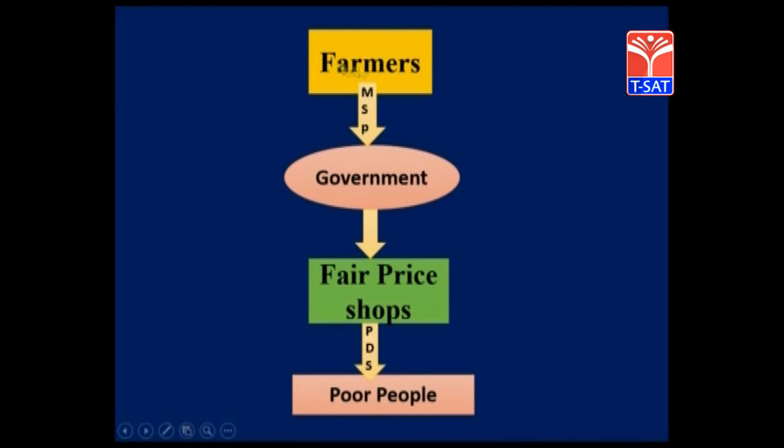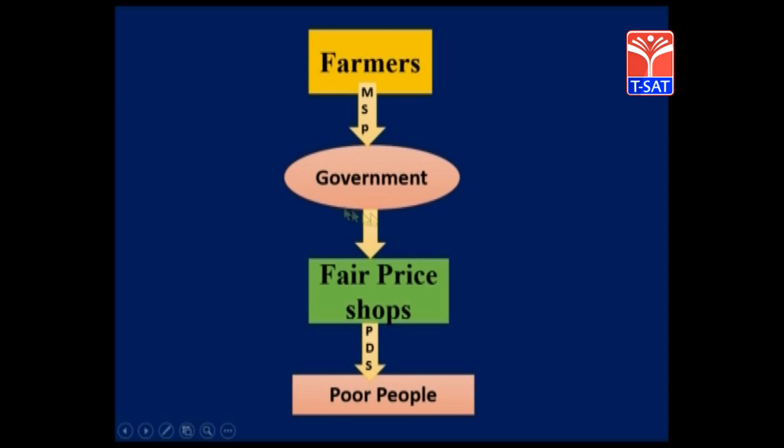Children, see, the farmers sell their food grains at minimum support price to the government. The government will purchase from the farmers by paying that price, even if the market price of the food grain is not that much, so that the farmer will not be at a loss.